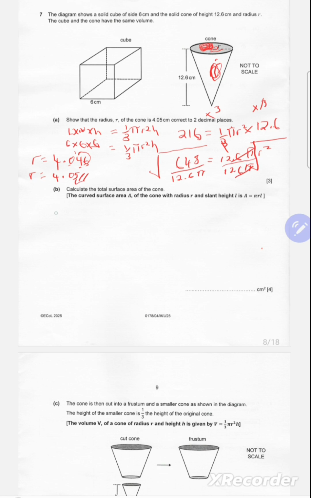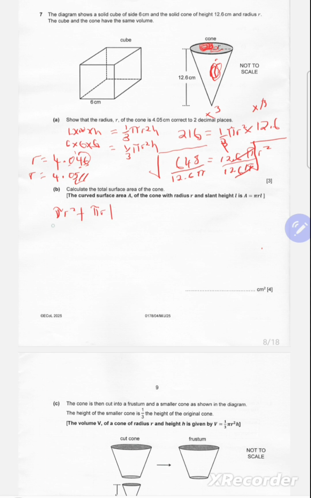The area of the circle is pi r squared, plus the area of the curved part, which is pi r l.